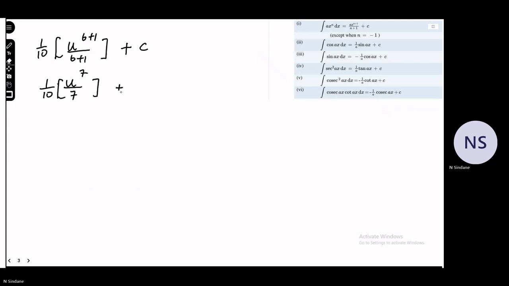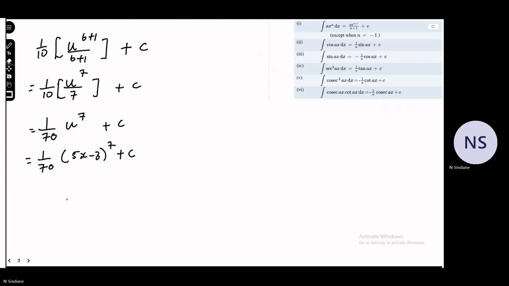This gives me 1 over 70 u to the power 7 plus c. And then my u, I can substitute: 1 over 70 times 5x minus 3 to the power 7 plus c. That is what I'm going to get when I integrate 1 over 2 times 5x minus 3 to the power 6.